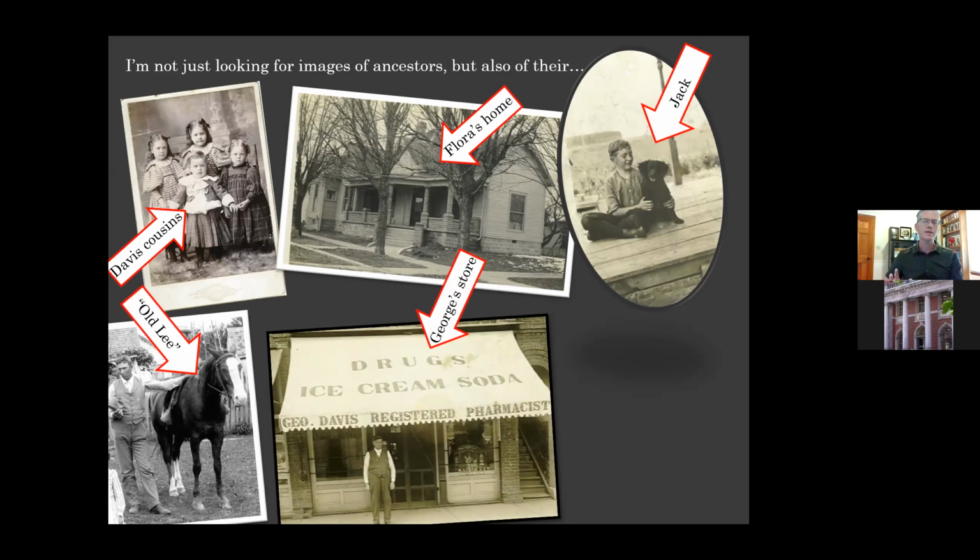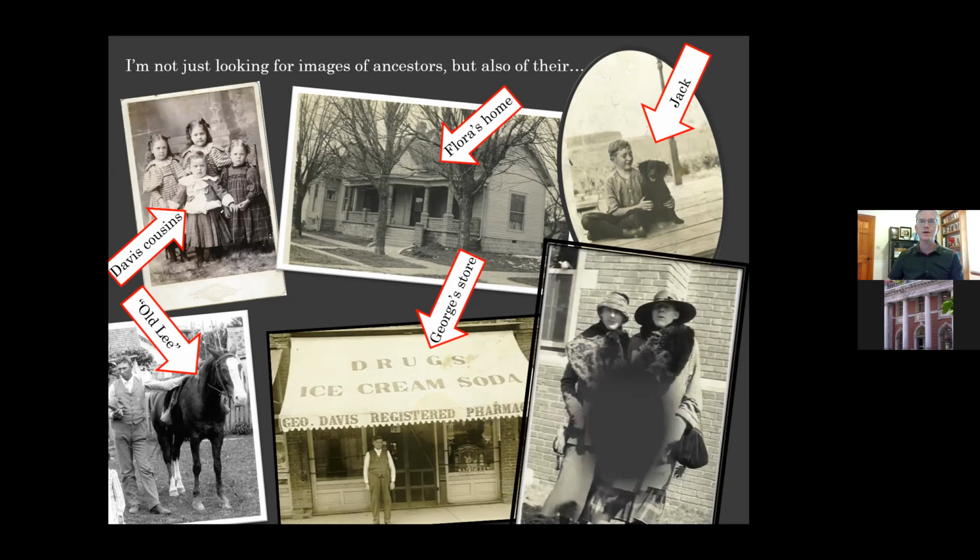But then in the early 1900s was when people could have cameras of their own and take snapshots and get them developed themselves. And here's an example of a snapshot that I have. This is my grandfather who I never met, but here he is when he was in college.